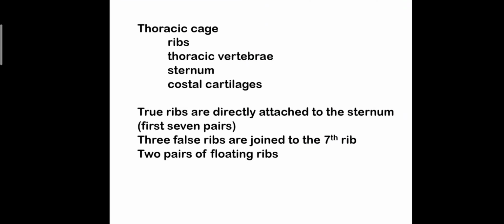Thoracic cage contains ribs, thoracic vertebrae, sternum, costal cartilages. True ribs are directly attached to the sternum, first 7 pairs. 3 false ribs are joined to the 7th ribs, 2 pairs of floating ribs.